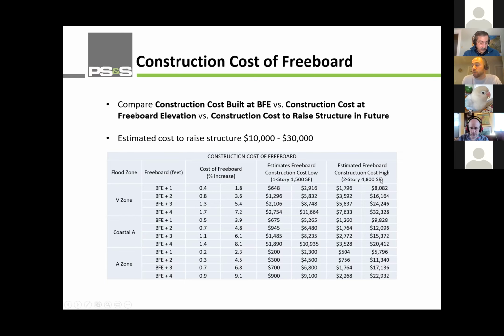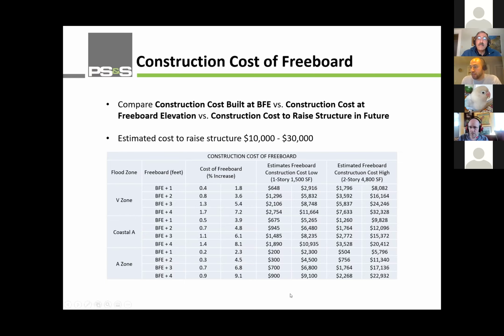And on the high end for what they were estimating was a 2-story, 4,800 square foot building. So I took the average cost that they had for both of those studies, applied the increased cost that they generated before to figure out numbers for how much additional cost it would be in order to raise those structures.